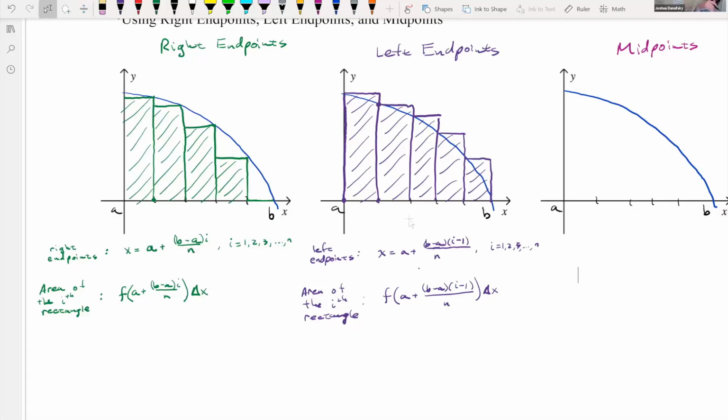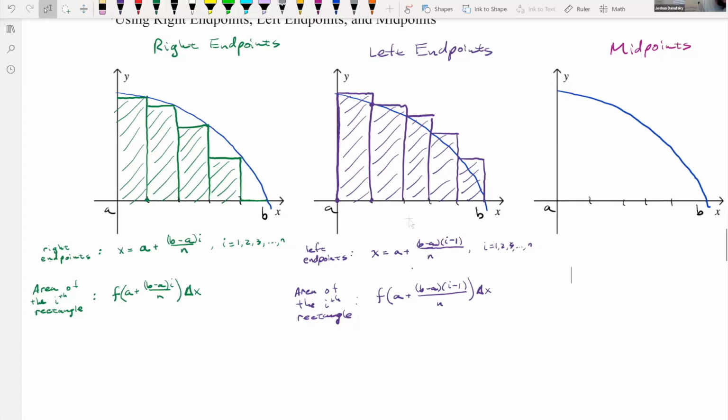The thing about it is it doesn't ultimately matter because, as we've seen earlier, when we let the number of rectangles get really, really big, these little bits that are either sticking out above or these little empty spots below end up getting really, really small. Their areas approach zero, and so we're approaching the area under the curve.